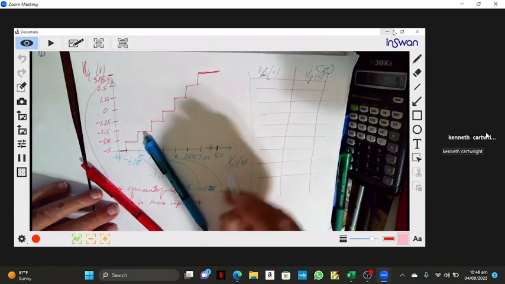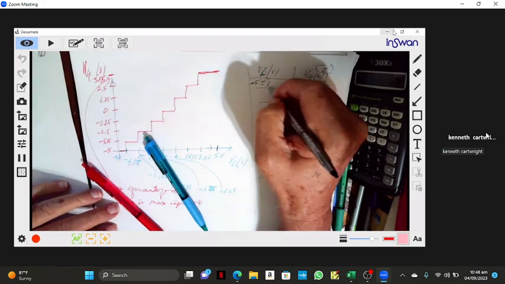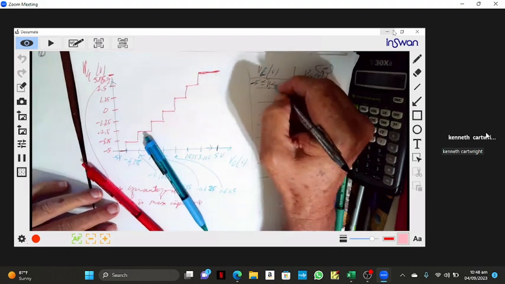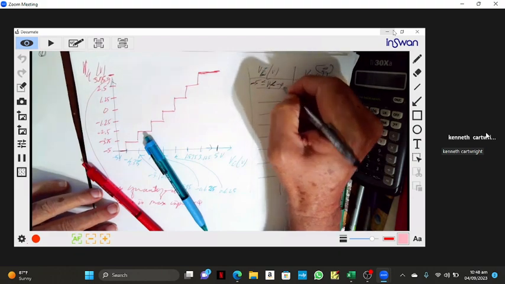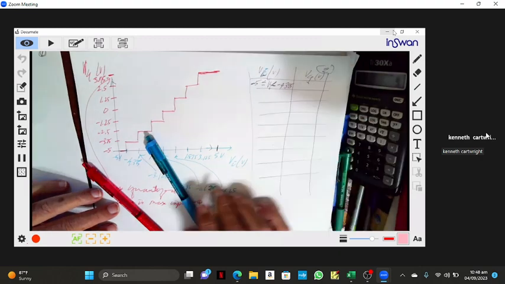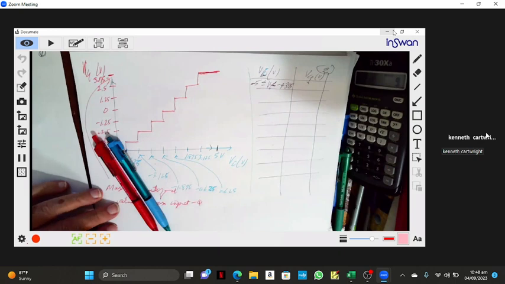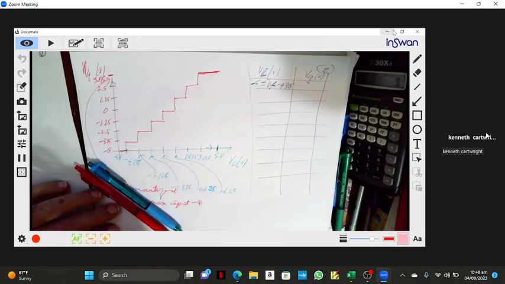And make your top -5 is less than VI is less than -4.375. And of course, the output is -5.